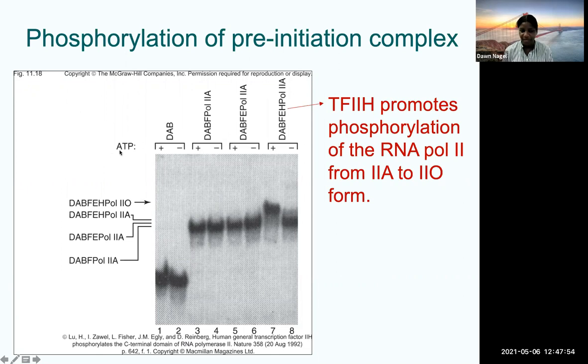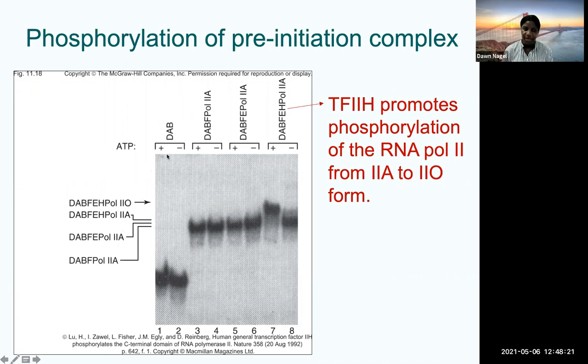You have ATP to help with the phosphorylation, to see whether or not the complex is phosphorylated. On the left, you see the different complexes that are formed. The phosphorylated state, as I mentioned, is IIO, and everything else listed below is referred to as the unphosphorylated state of the polymerase, IIA.